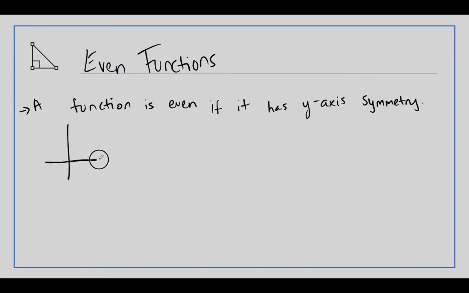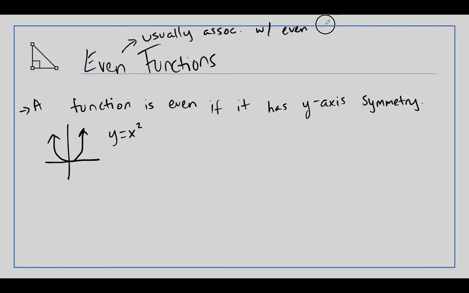So go ahead and think of your quadratic function whenever you're thinking of even functions. I also like to think an even function is usually associated with even numbers for exponents.